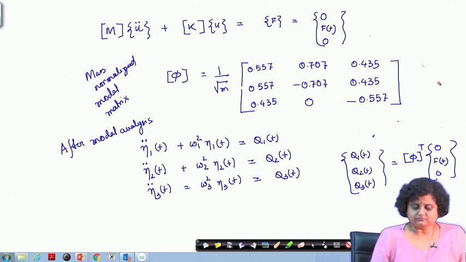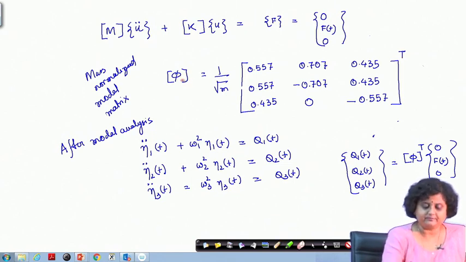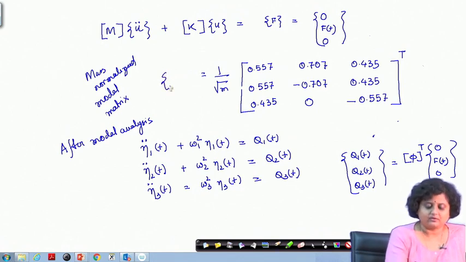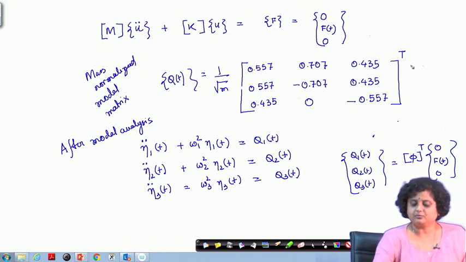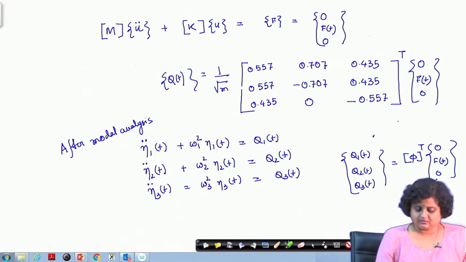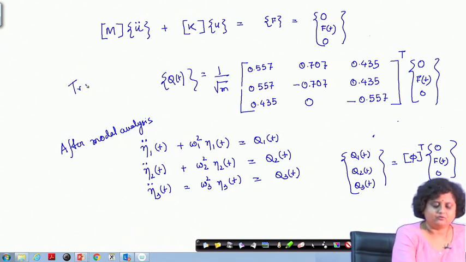So, q t is going to be the transpose of this into 0, f t and 0. This is going to be the transform force vector.